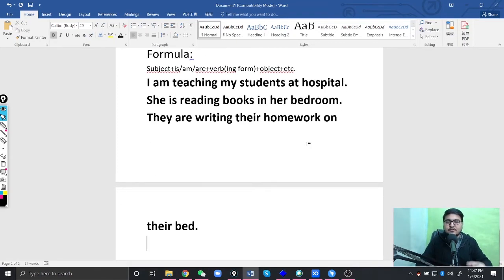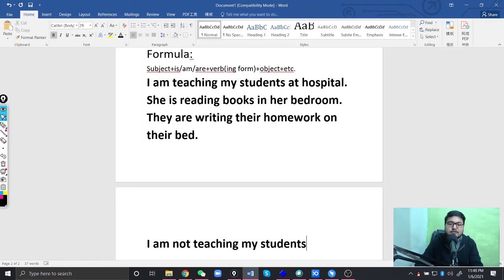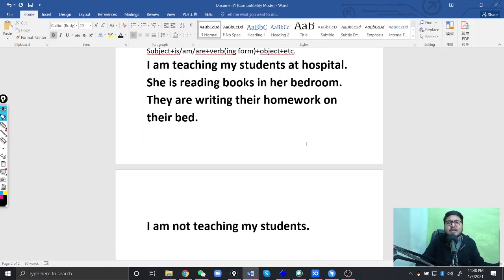So now you know how to make the affirmative sentences, how to make the yes sentences. Now let's try to make negative and interrogative sentences, meaning no sentences and question sentences. I am not teaching my students. Simple, just add not after am. So this is the verb negative.